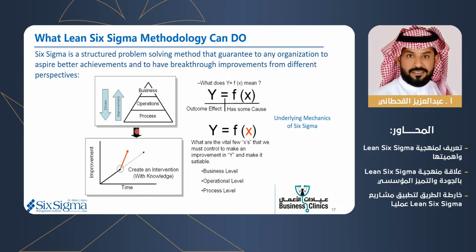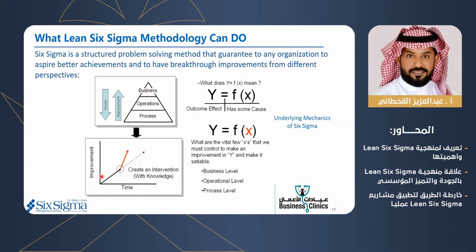So you will improve your processes, you will reduce your variation, you reduce your defects, you make your process within the control limit, meeting the target. So this will enhance the operability of your organization, and ultimately it will achieve your company objectives or business strategy goals.